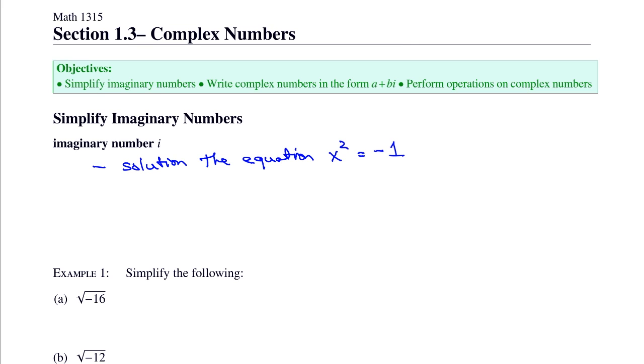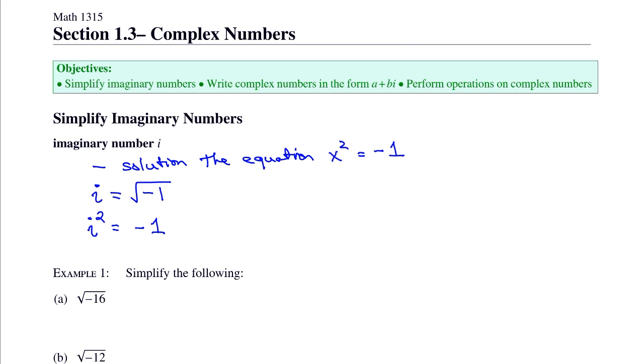There are no real numbers that we can square and get negatives, so we created this extension and we call them imaginary numbers. As such, we know that i, the imaginary number, is equal to the square root of negative 1. And since this i number is the solution to the equation x squared equals negative 1, we must have that i squared is equal to negative 1.